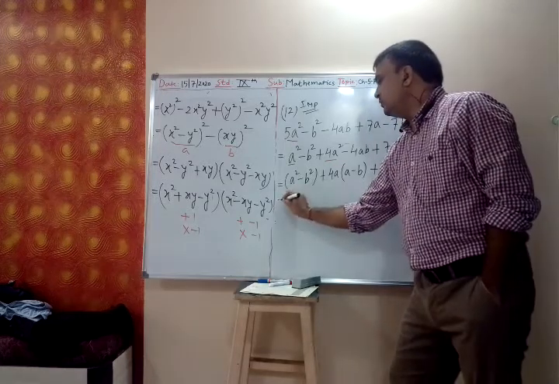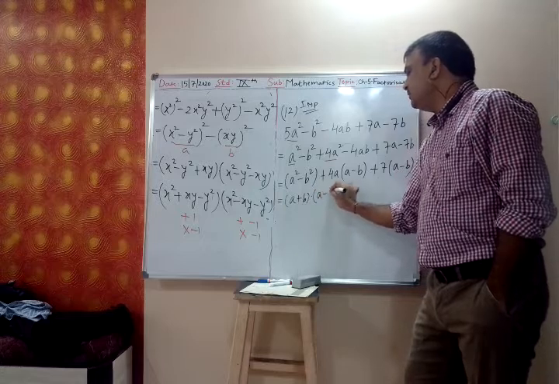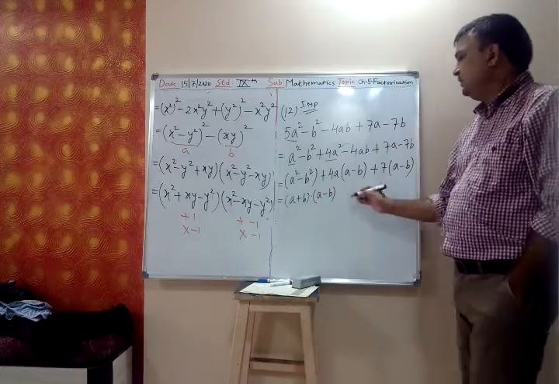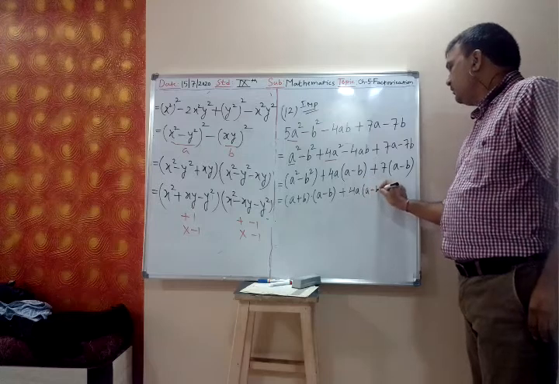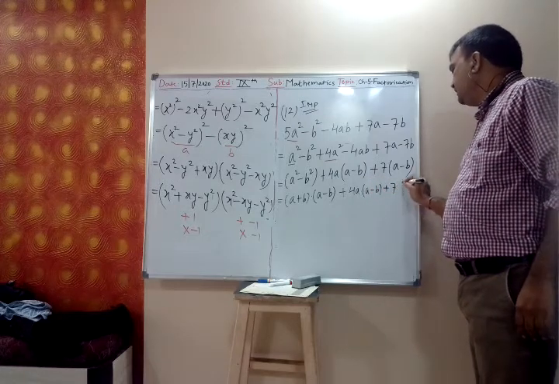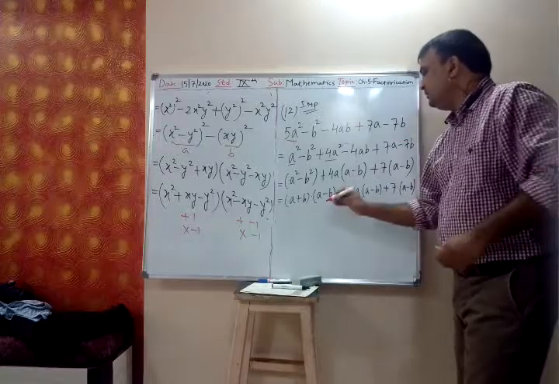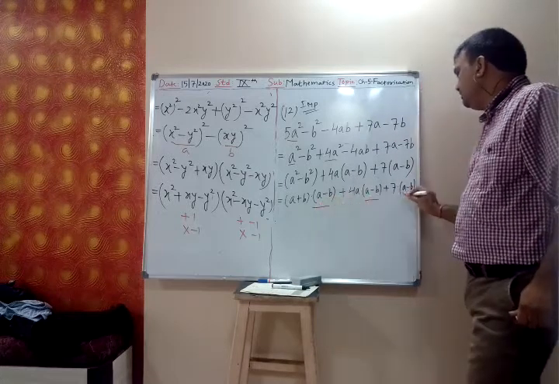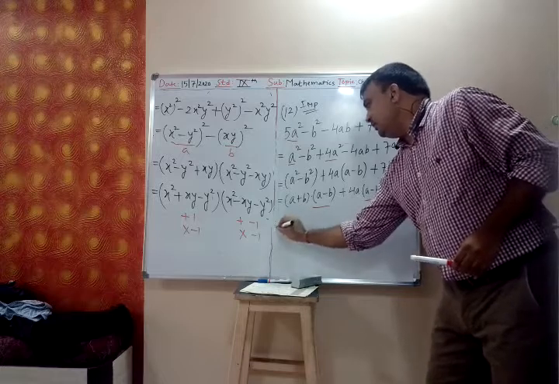Now a square minus b square I can write as a plus b into a minus b, plus 4a into a minus b, plus 7 into a minus b. Now a minus b is common in all the three terms. So I will take a minus b common.